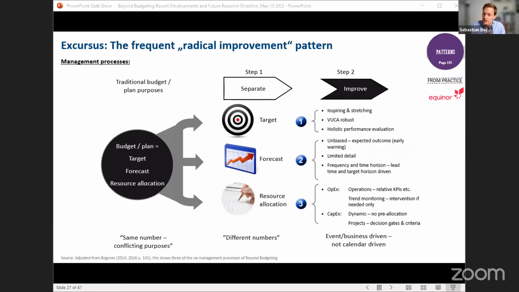The danger, and we've seen that in some implementations, is that there's a CEO or some leader who moves into beyond budgeting because they're really convinced and they feel in control, even more in control. They're in control in the sense that they know where the business is going, they can really steer it, they can really create a great management model. But then if this person leaves the company, you have a new employee who comes in from the outside, and this person's management model is, oh, I need to have a fixed stick in the ground.